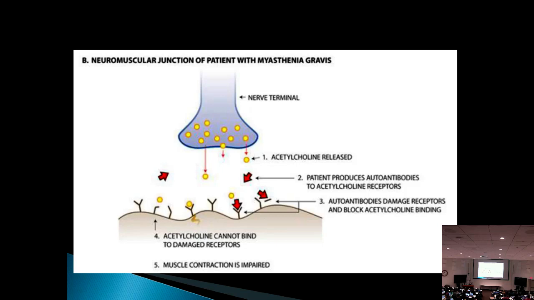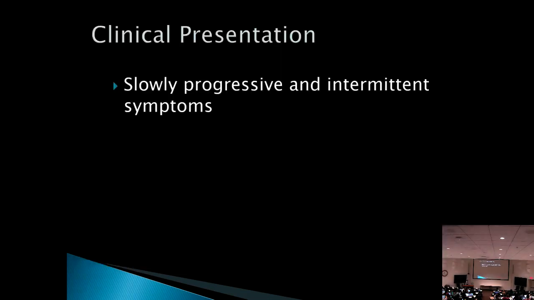So you reduce the number of nicotinic receptors. It doesn't destroy all of them though, so there are still available nicotinic receptors, and what we're trying to do in treatment is to stimulate the ones that are left that are still available to bind to acetylcholine.